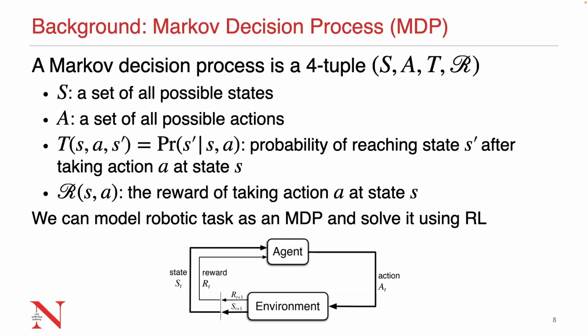I think that depends on how you define the size. For example, when we are in image space, technically the state space is infinite, because we can have arbitrary images for the agent, and the set of actions might just be constrained by your workspace. For example, you can only go 50 centimeters along the X and Y direction, and then Z also 50.